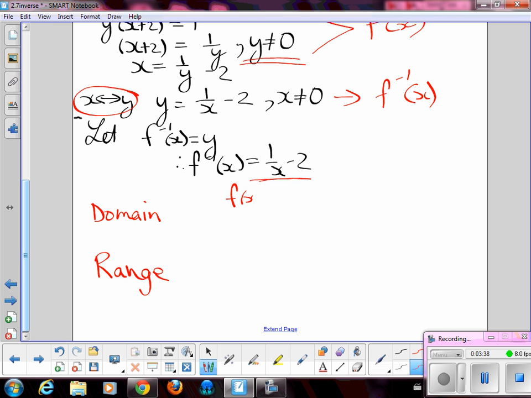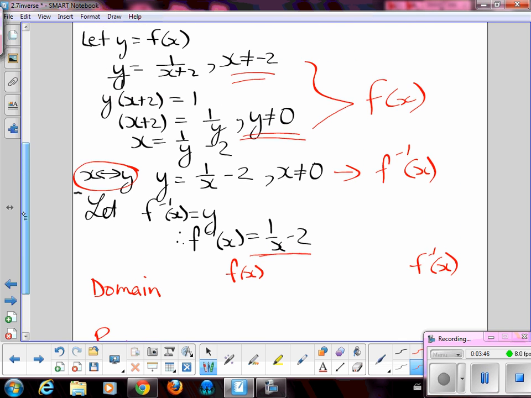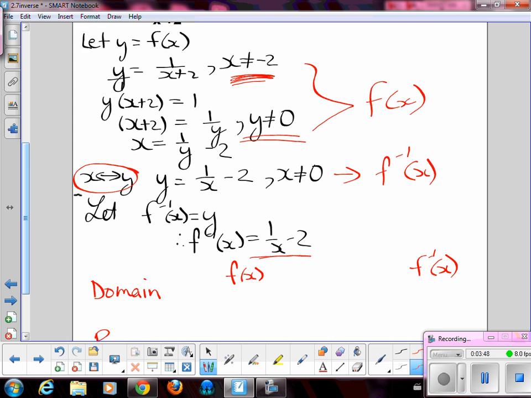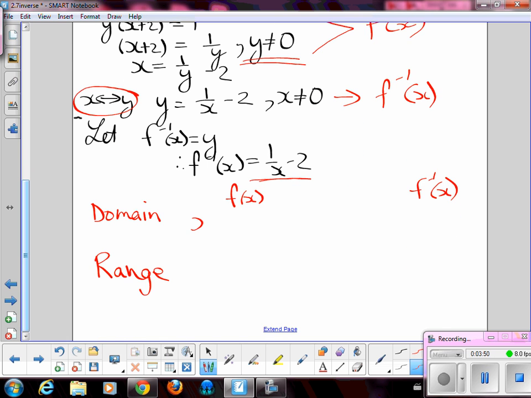So we have f of x and we have the inverse of x. When I look at f of x, its domain, if I go back, there's that restriction up there. So x is an element of real numbers such that x cannot equal -2.